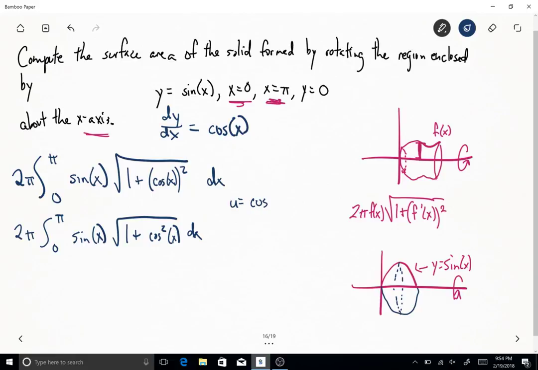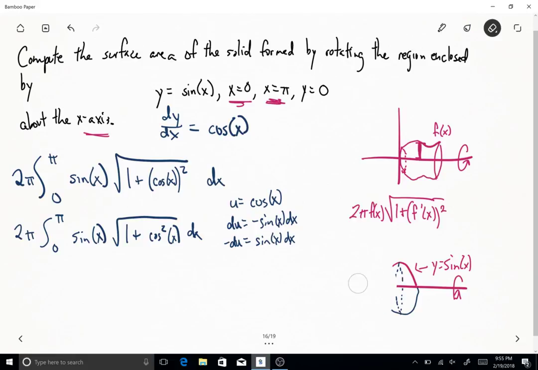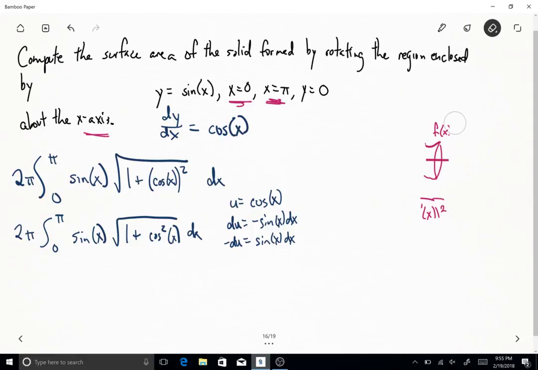So if we let u first be cosine of x, then du, we're actually going to do a few substitutions along the way. So du equals negative sine of x dx. Then negative du equals sine of x dx. Okay? That will also change our bounds, and this way we won't have to come back to them later on down the road. I will actually go through changing the bounds just for time's sake in this one.